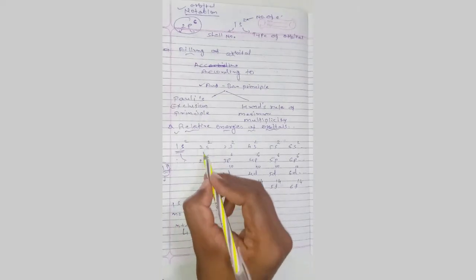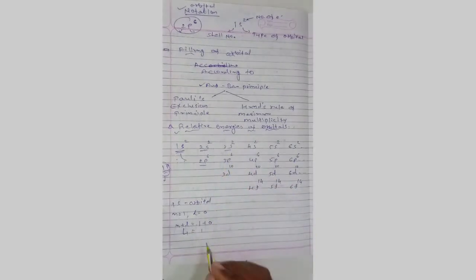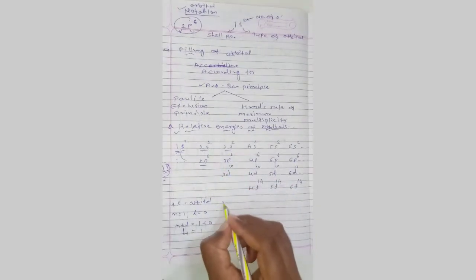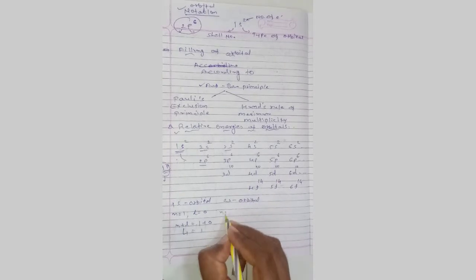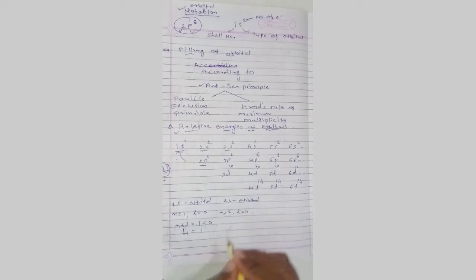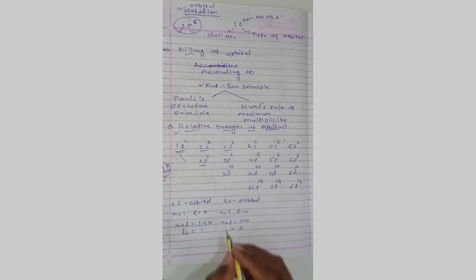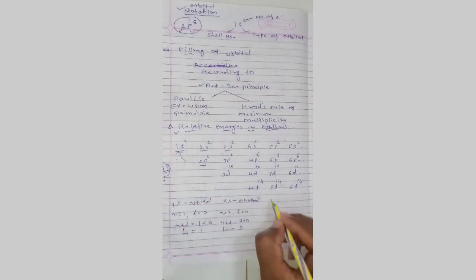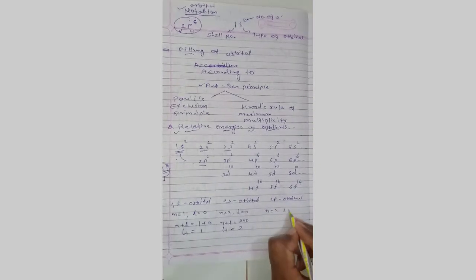Now we have another orbital 2s and 2p and 3s also. So for 2s orbital n equal to 2 and l equal to 0, so n plus l equal to 2 plus 0 is equal to 2. Okay, now for 2p orbital, n equal to 2 and l equal to 1, so n plus l equal to 2 plus 1, that is equal to 3.